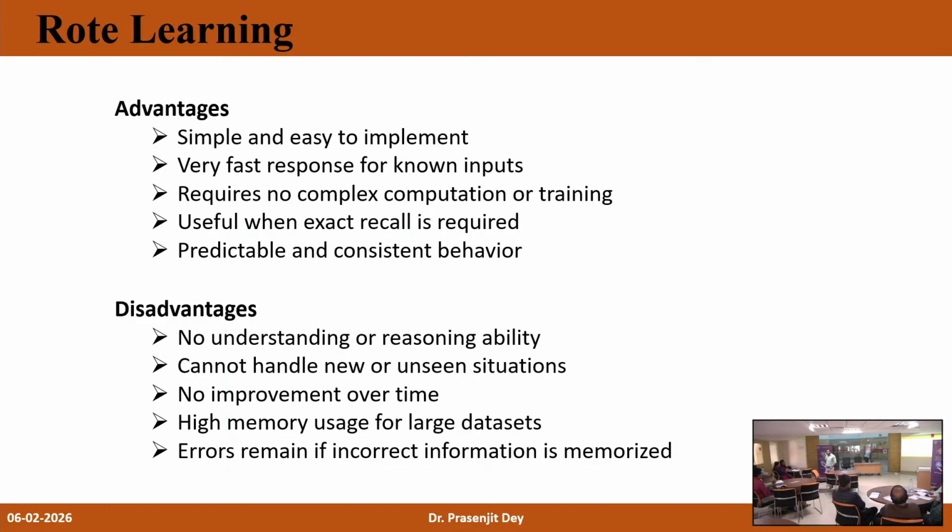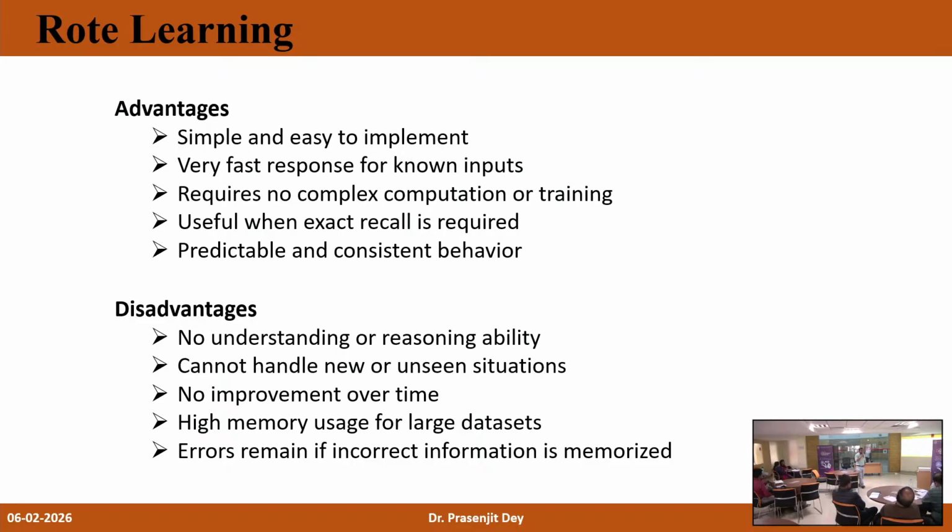It is not situational. Drawback: no understanding or reasoning ability. Based on the situation it cannot change, it will always give the same judgment. It cannot handle new unseen data, cannot improve over time, and has high memory usage. Suppose I have to judge maybe 1.4 billion Indian people, then I have to store the data of 1.4 billion Indian people to make the judgment of each individual.